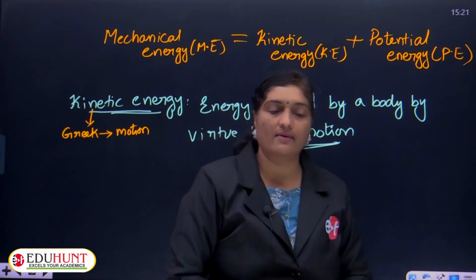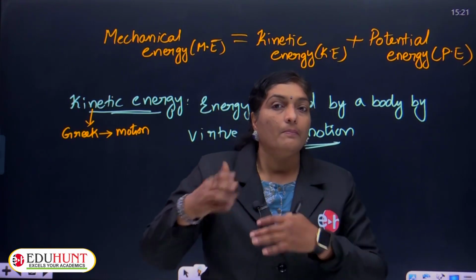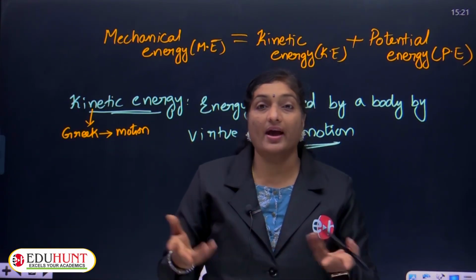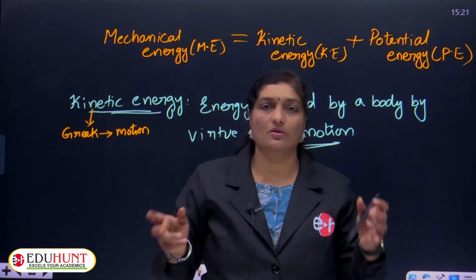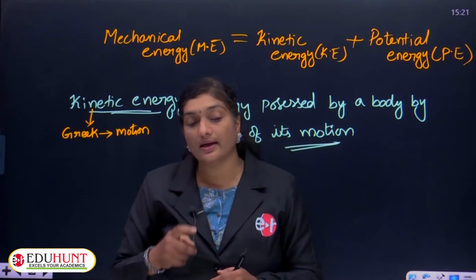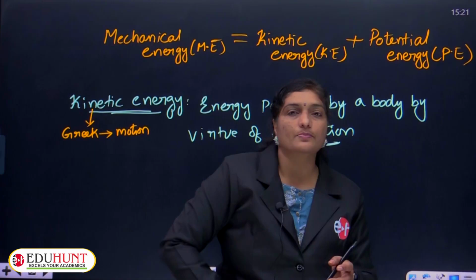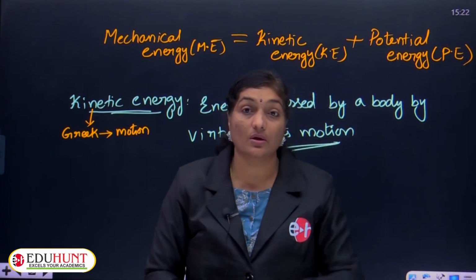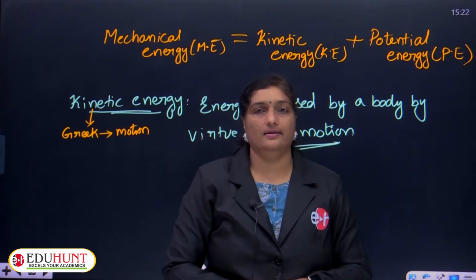So I have considered 3 examples. First one is the moving bus. Second one, bullets coming out of a gun. And water coming out from a jet. Not only this, children. Whenever a ball is kicked, the ball moves some distance, so that moving ball also possesses kinetic energy.